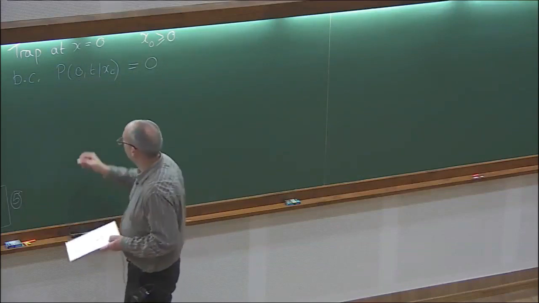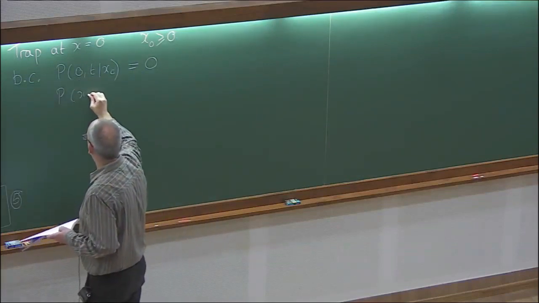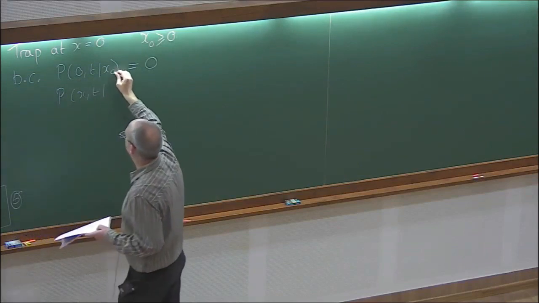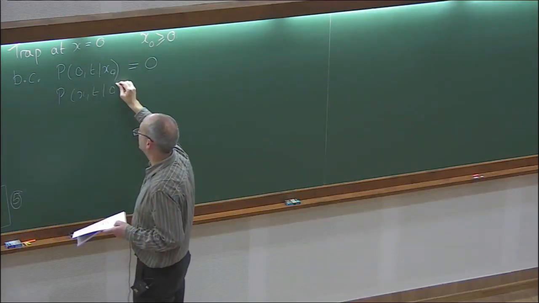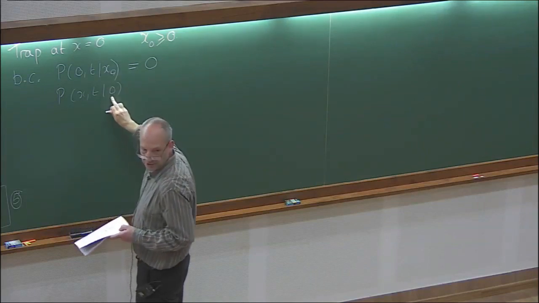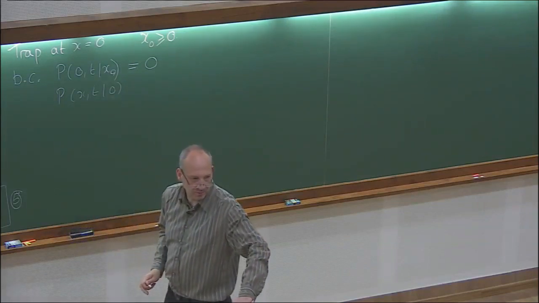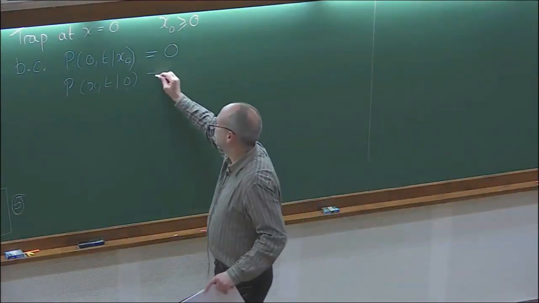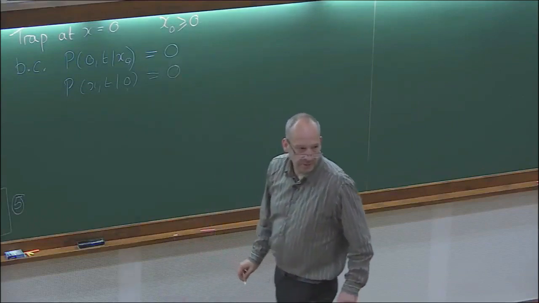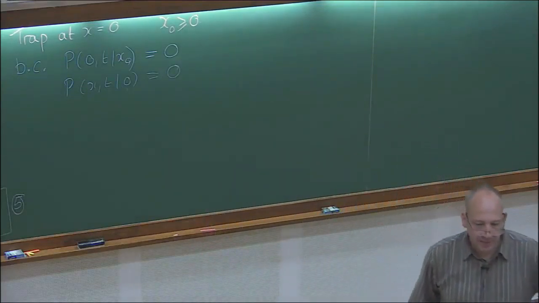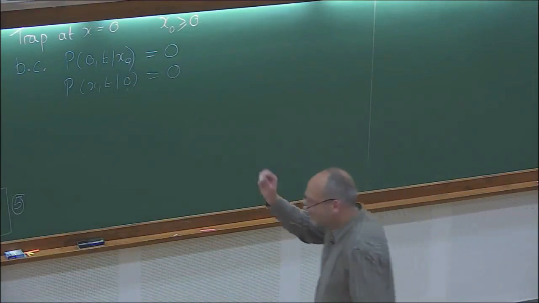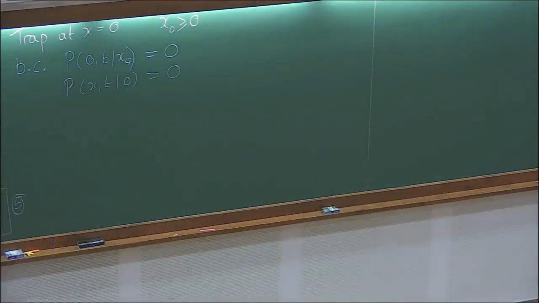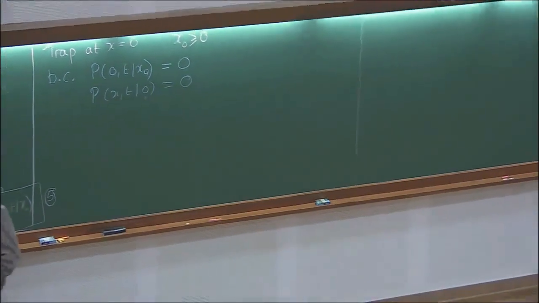And my initial condition, if I try to start it at the initial position 0, if I try and start it at the trap, it just gets absorbed straight away. So the probability of it being alive is just 0. So these become my boundary conditions. So basically now P is the probability P of x, t, x naught, the probability that the particle started at x naught and is still alive at time t and is at position x.